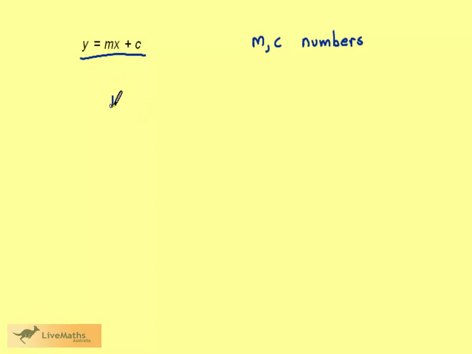The number multiplying x, the m, is known as the gradient of the line. Another word for gradient is slope, so m determines the slope or direction of the line.